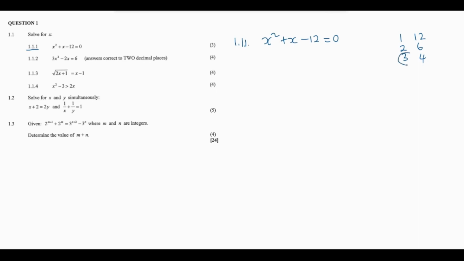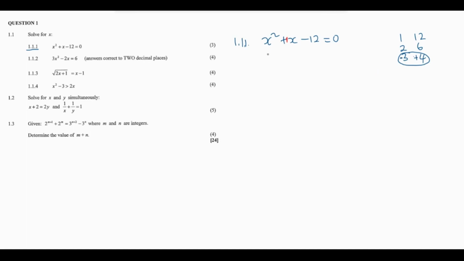Right, it's these two. Negative 12 means that one factor is negative and the other factor is positive. And this positive 1 for the coefficient of x means the bigger factor is the one which is positive. So this should be positive 4, and this one is negative 3.